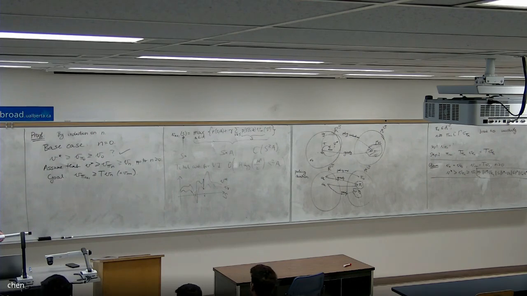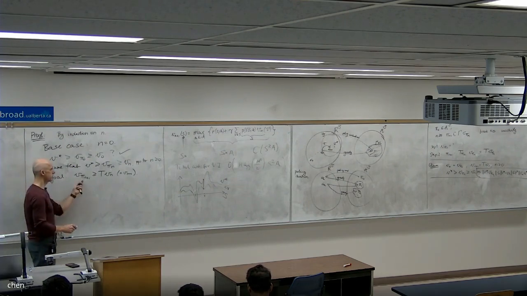It's the greedy policy. Greedy with respect to what? Value function of what? Pi n. That's right. So pi n plus 1 is greedy with respect to the value function of pi n.